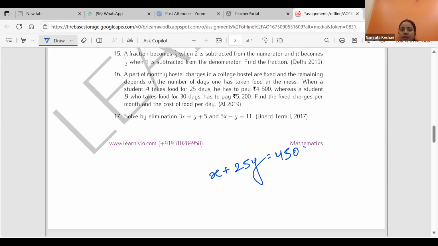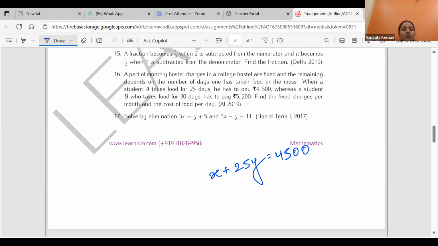Inan, have you created the same equation, the first one? Ma'am, I'm doing it right now. And the same for the second one, right? X plus 30Y equals 5,200. Yeah, exactly. Same for the other one.